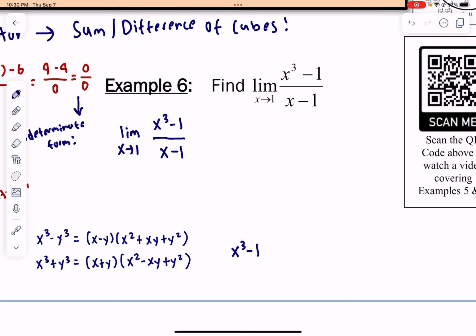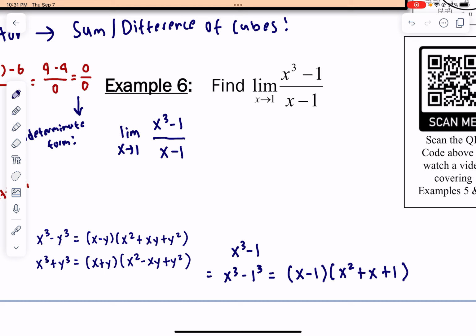That is just the same thing as saying x cubed minus 1 cubed. And if we follow our formula for factoring the difference of cubes, this is actually equal to x minus 1 times x squared plus x plus 1.